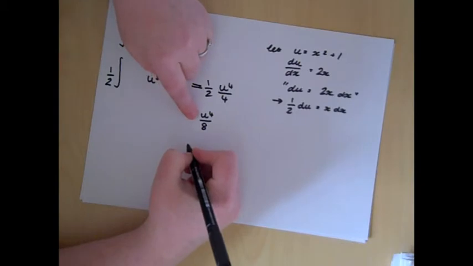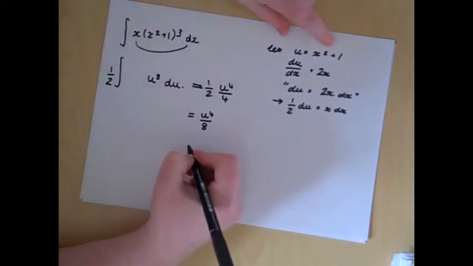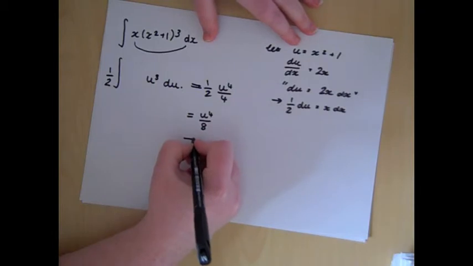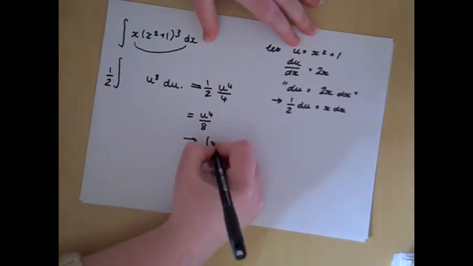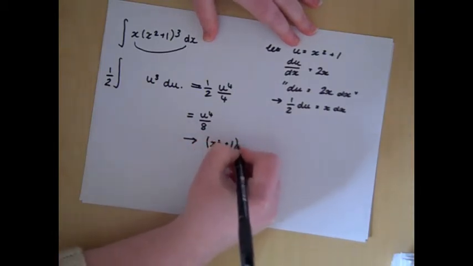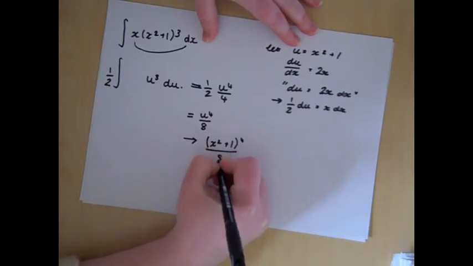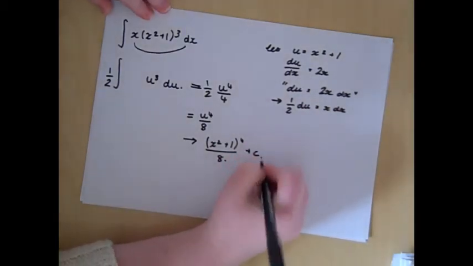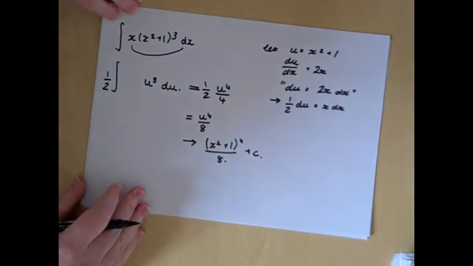And if I then substitute back in my original substitution, u is equal to x squared plus 1, this now becomes x squared plus 1 all to the 4 divided by 8. And I just need my constant of integration.